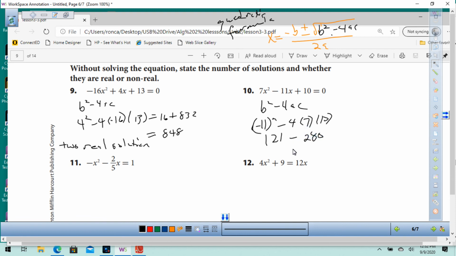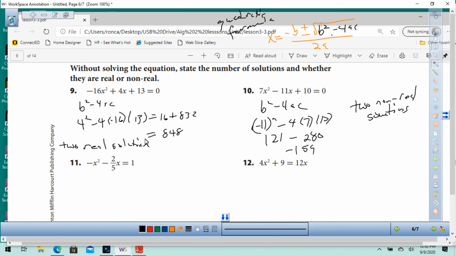And that's going to give me negative 159. And because the discriminant is negative, we're going to get 2 non-real solutions.